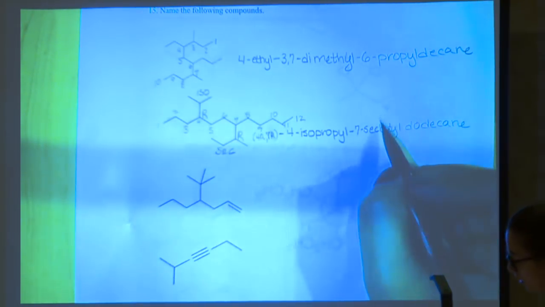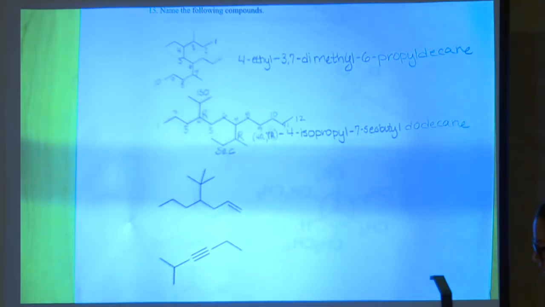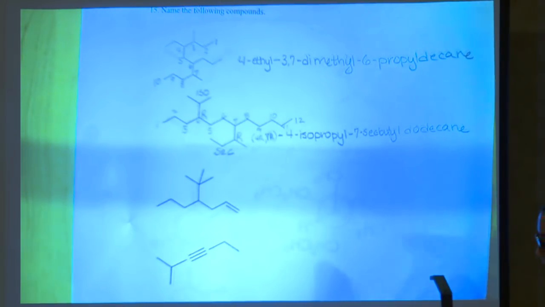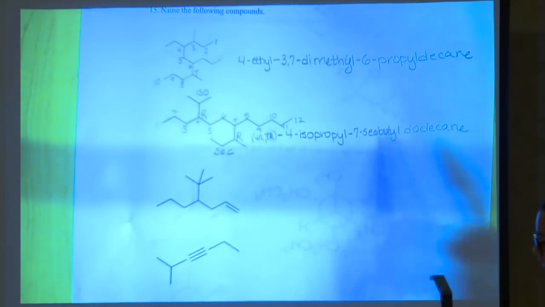This one doesn't count. This one comes separately. You still will count the B. Based off of Dr. Dowdy's, it does count. So sec, tert, and iso will count alphabetically. Yeah, you're right, it is separated here for the sec and the tert, but it's still counting alphabetically.